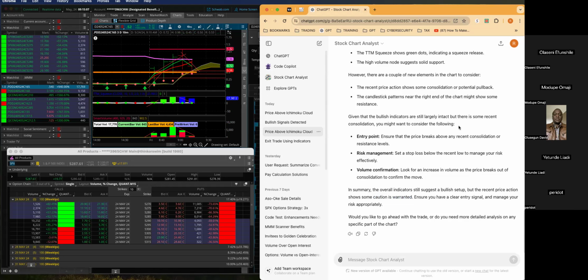You might want to consider the following entry point: ensure that price breaks above any recent consolidation or resistance levels. Set up a stop loss below the recent low to manage your risk effectively. Volume confirmation: look for an increase in volume as the price breaks out of consolidation to confirm the move. So it's kind of telling you to trade carefully.